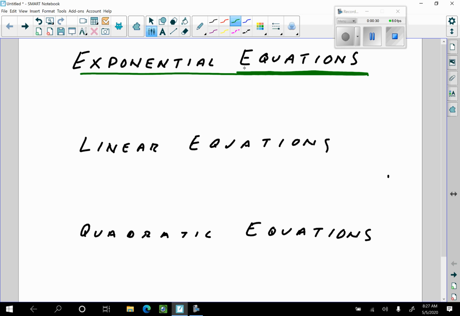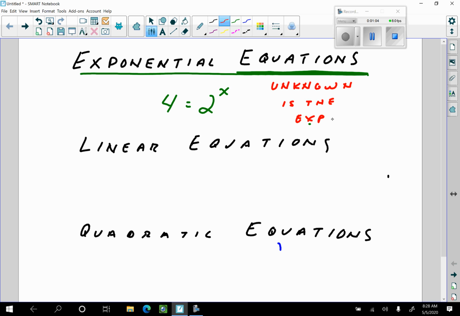Well, here is an exponential equation, and I'm going to start off with a very easy one: 4 is equal to 2 to the x. In an exponential equation, the unknown, which is usually your x, is the exponent.